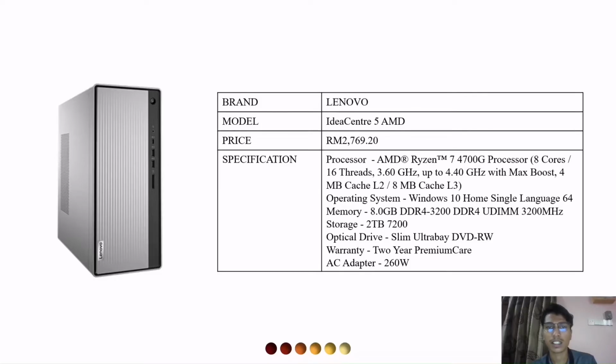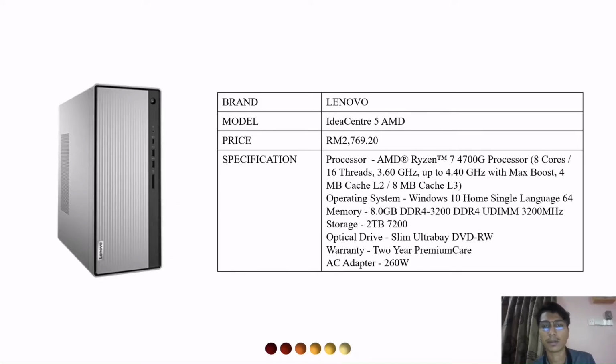Let's see the specification. The processor in this PC is AMD Ryzen 7 4700G processor, which is fourth generation. Got 8 cores and 16 threads, and this processor has a default of 3.6 gigahertz, and can use up to 4.4 gigahertz with max boost, and 4 MB cache in L2 and 8 MB cache in L3.